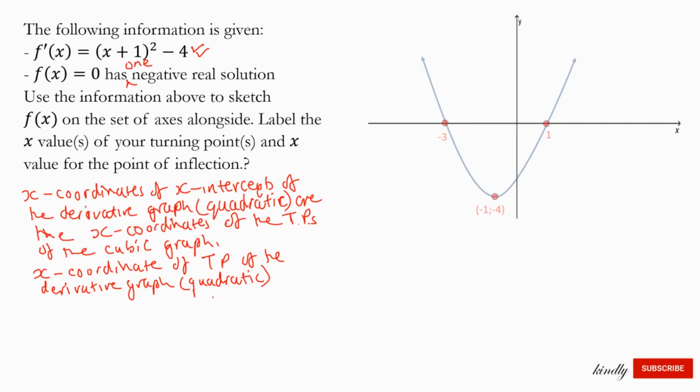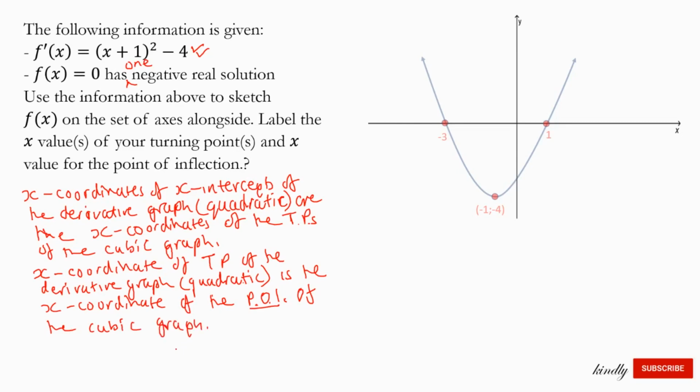If you derive a quadratic function, you get a linear function. So the x-coordinate of the turning point of the derivative graph, in this case quadratic, is the x-coordinate of the point of inflection of the cubic graph. This is the point of inflection of the cubic graph.